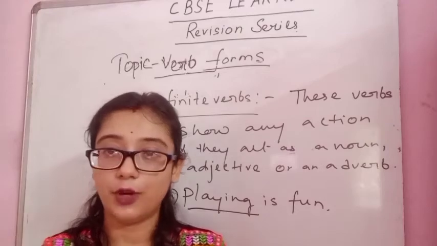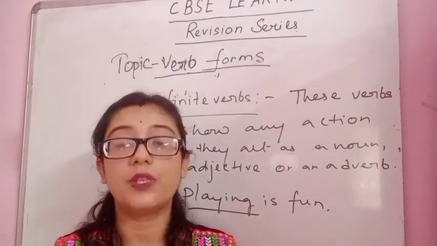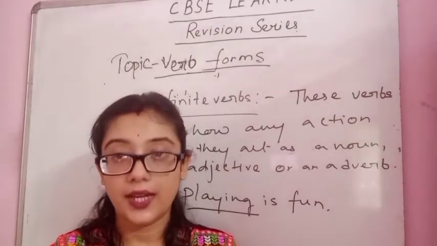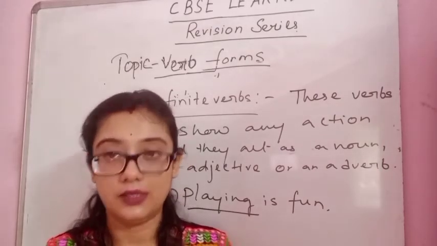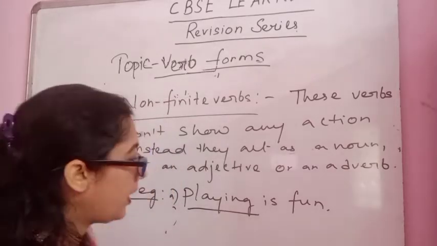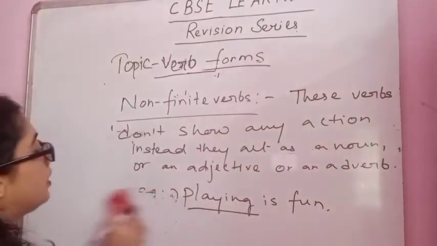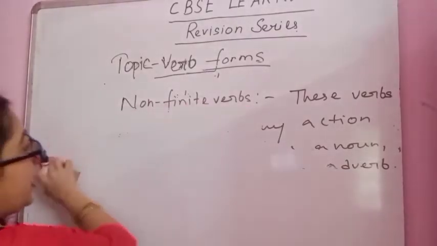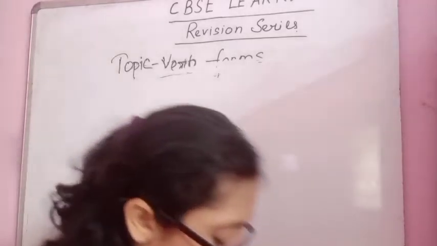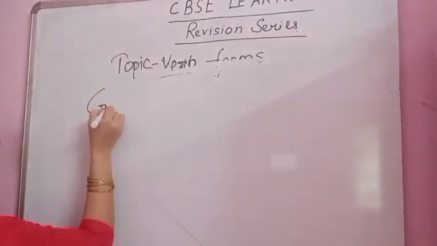So though it is a verb, in case of non-finite verbs it will not show any action. It will act either as a noun, an adjective or an adverb. Okay, so let's see further the types of non-finite verbs. Number one is gerund. What is a gerund? We need to know.